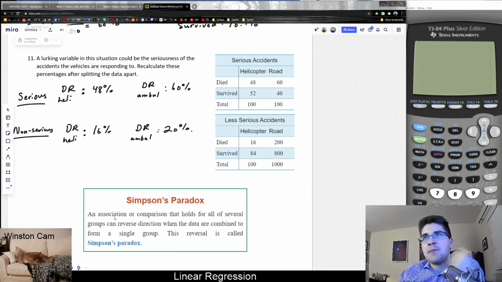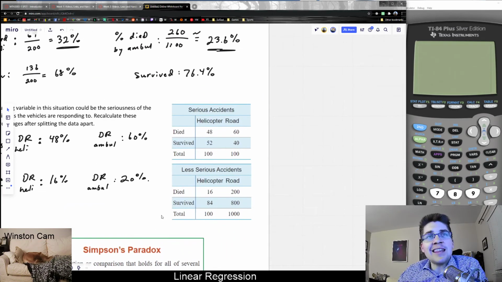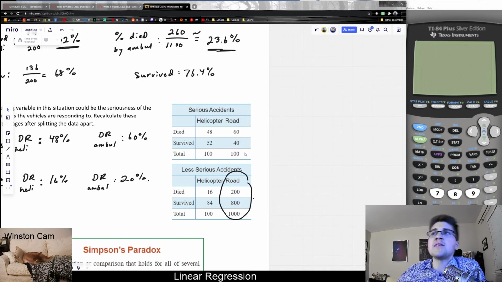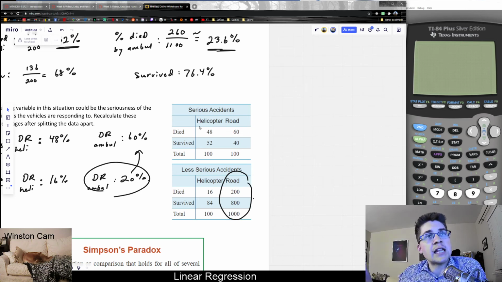The last thing I want to talk about is why this happened. How is this so different? The key difference was the sheer number of less serious accidents by ambulance. When lumped together, it created a ton more road accidents. And so the percentage was 260 out of 1,100, a lower total percentage, because there are way more ambulances that respond to less serious accidents than helicopters.